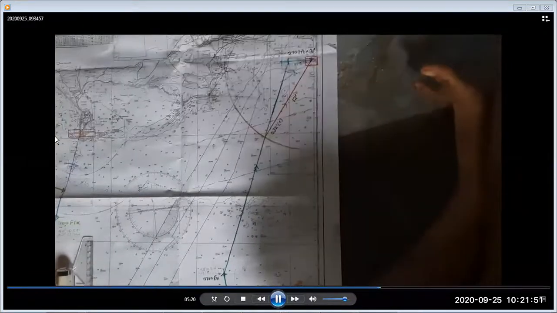So now wherever this point cuts, we join the course, and you can see we measured this course 032 into 12 miles. And so this is our answer.